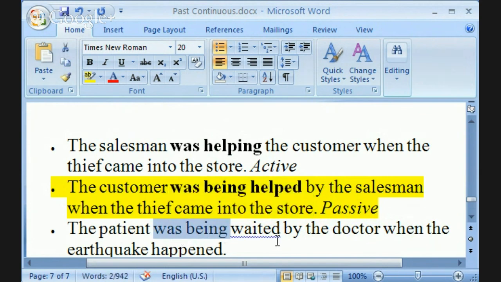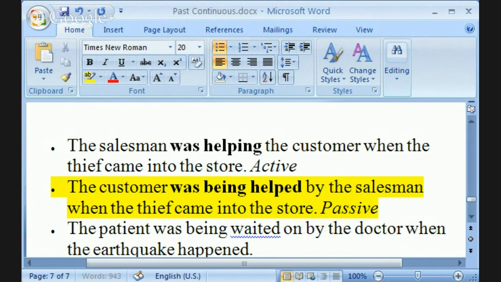The patient was being waited. I suppose we can use that. Doesn't really exist. We can't say the patient was being waited. That doesn't make sense. But a person can be waited on.